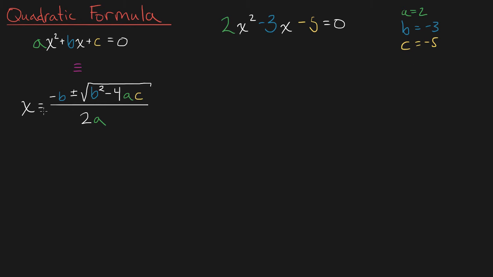So now I'm just going to rewrite the quadratic formula here, but I'm going to replace the variables with the values that I have here. So I'll keep the color consistent again.